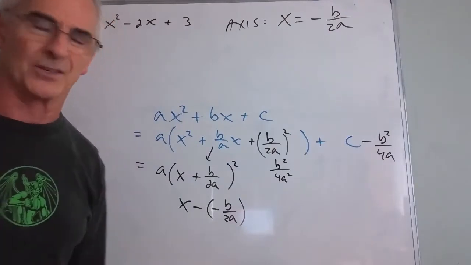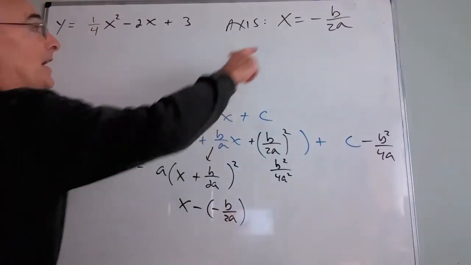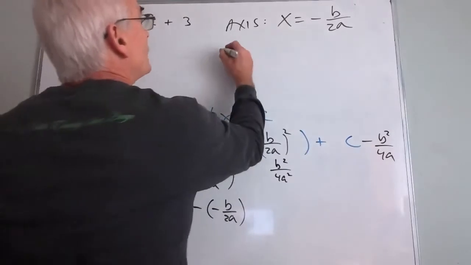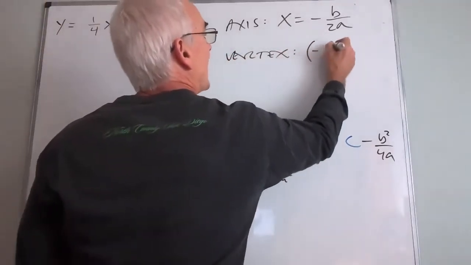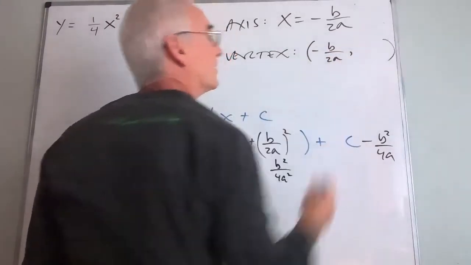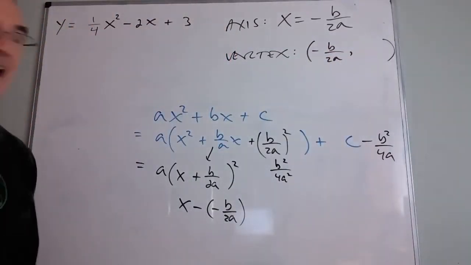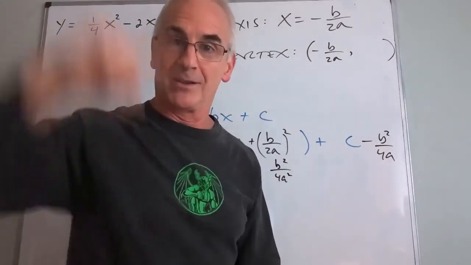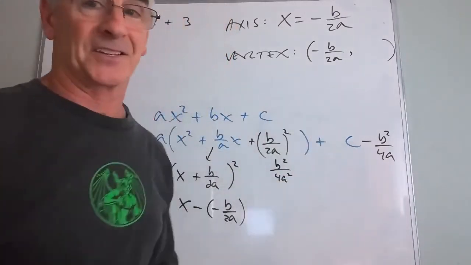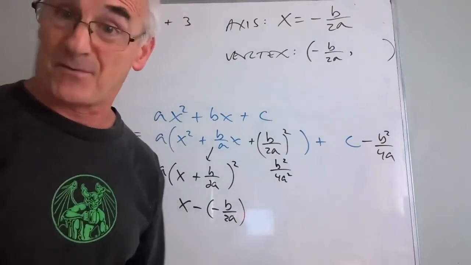Way easier. Okay. So if I know that's the axis, then I also know that the vertex is going to be at negative b over 2a, and then whatever it is. And then the focus is also going to have the same x coordinate, different y coordinate. Oh, okay. So the axis is extremely practical to find first.